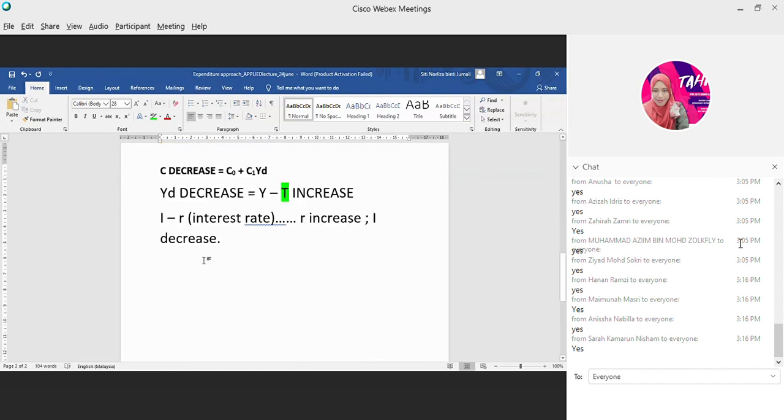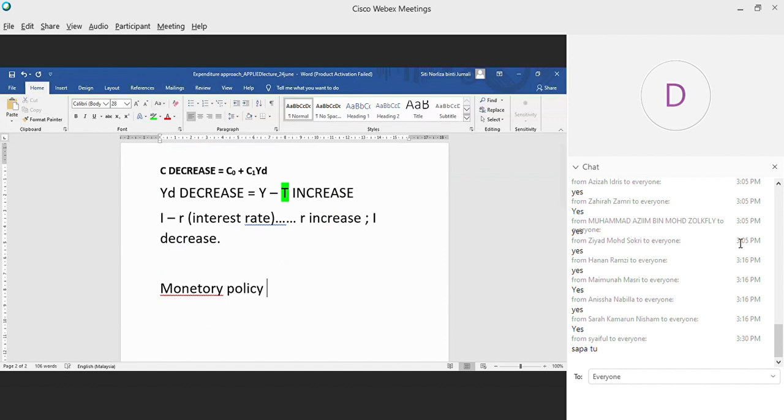So I'm going to explain about the monetary policy. Actually we have three tools: OMO, RRR, and discount rate.